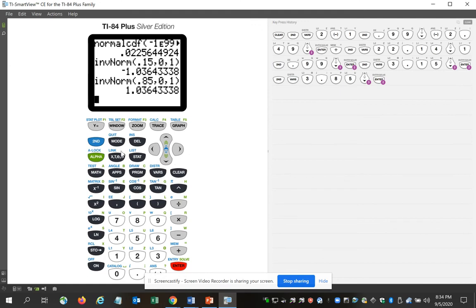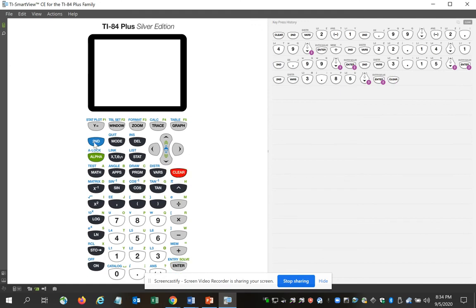So let's see. We would have second, vars, inverse norm is option 3, area to the left is 0.29, mean is 0, standard deviation is 1. We're going to paste. We get negative 0.55338.